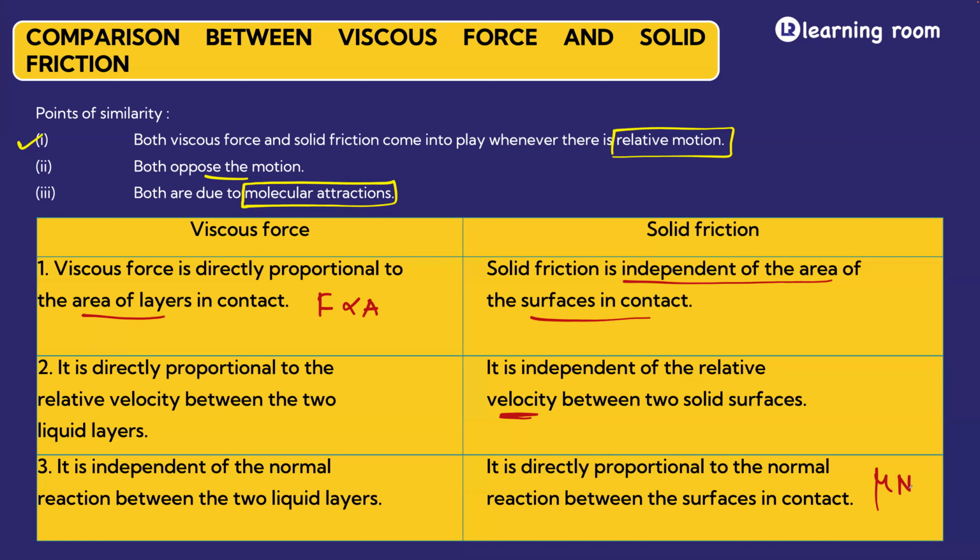Viscous force does not depend on the normal force between the surfaces in contact, whereas solid friction is directly proportional to it. I hope it is clear. Shall I proceed?